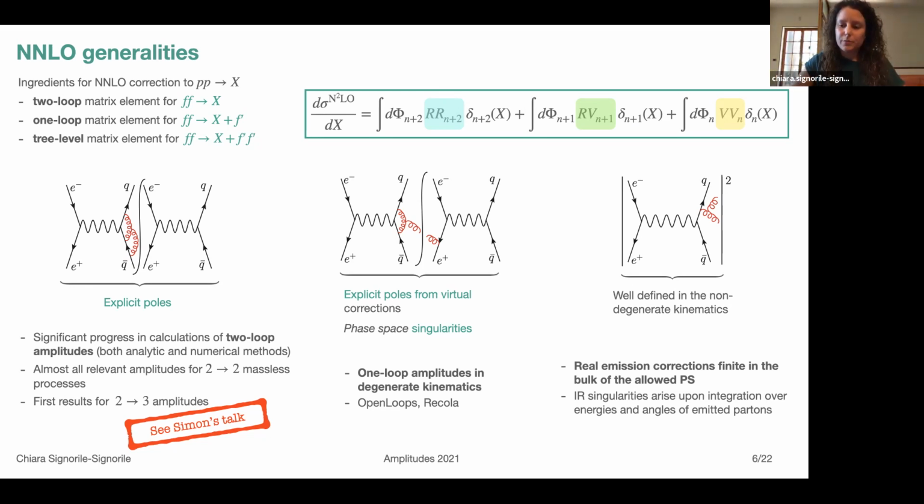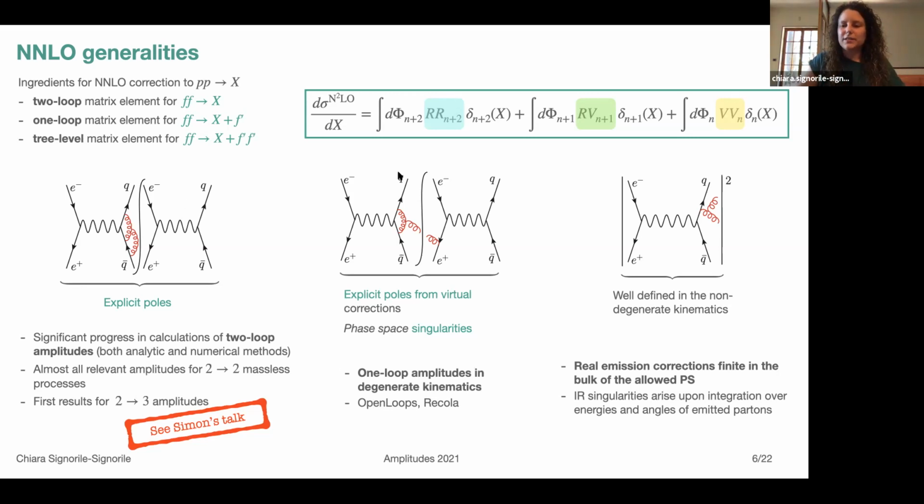A lot of different progress has been made in recent times to compute virtual corrections, so that almost all the relevant amplitudes for 2-to-2 massless processes are already available, and first results for 2-to-3 amplitudes are now appearing. For further details, take a look at Simon's talk, which is really nice and full of details.